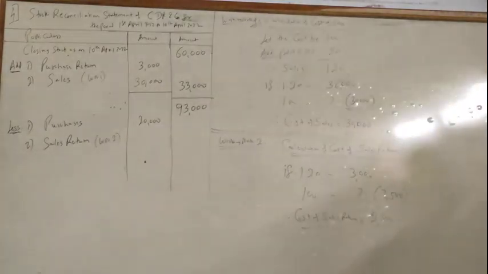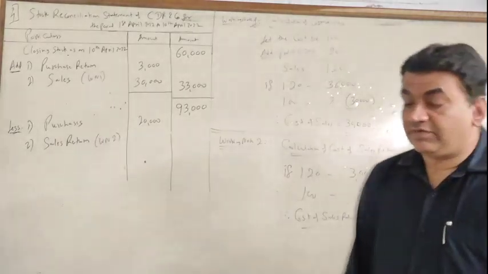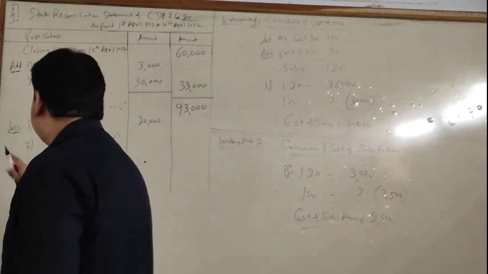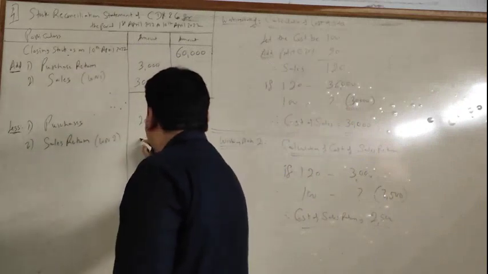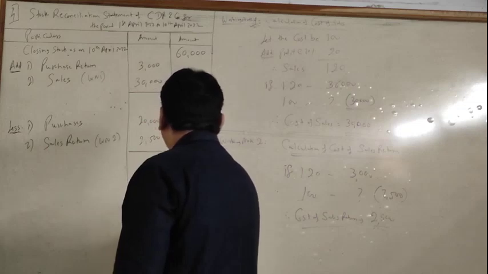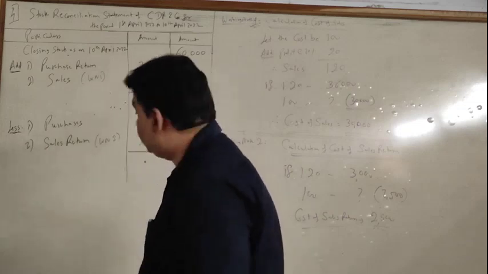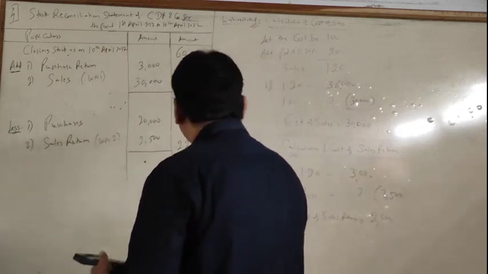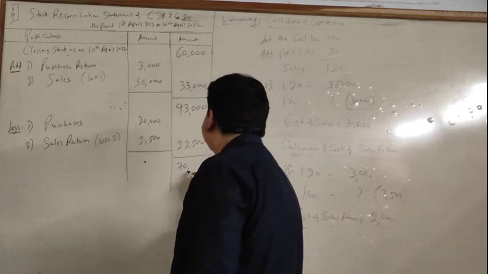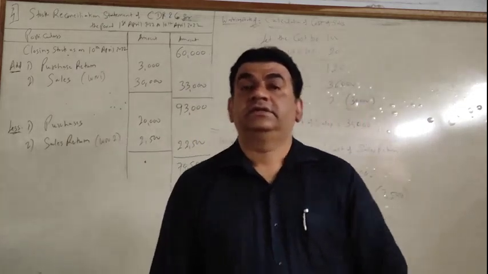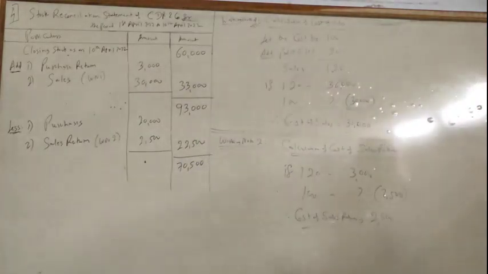2500 का 20% लो, that is 500. 2500 plus profit 500 gives you 3000. Come back, less sales return 2500. So you get there 22,500. So 93 minus 22,500, you get here 7,500.